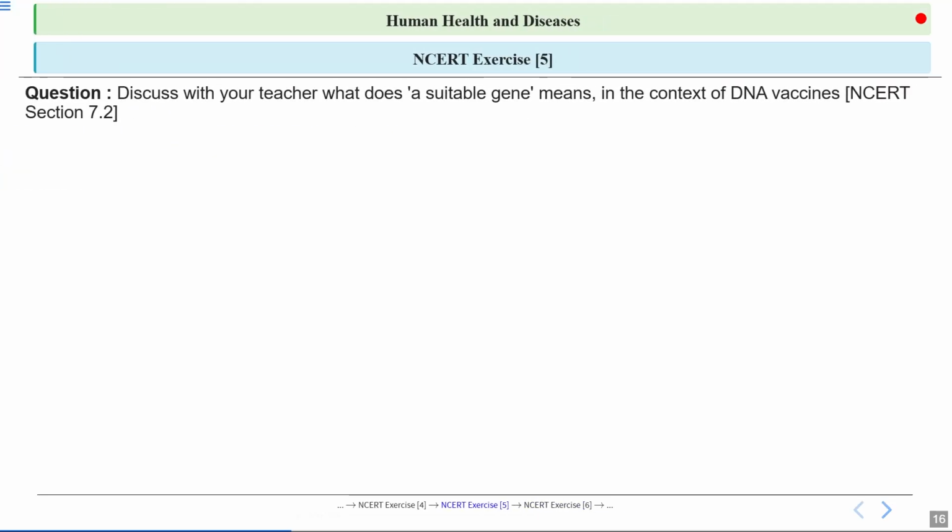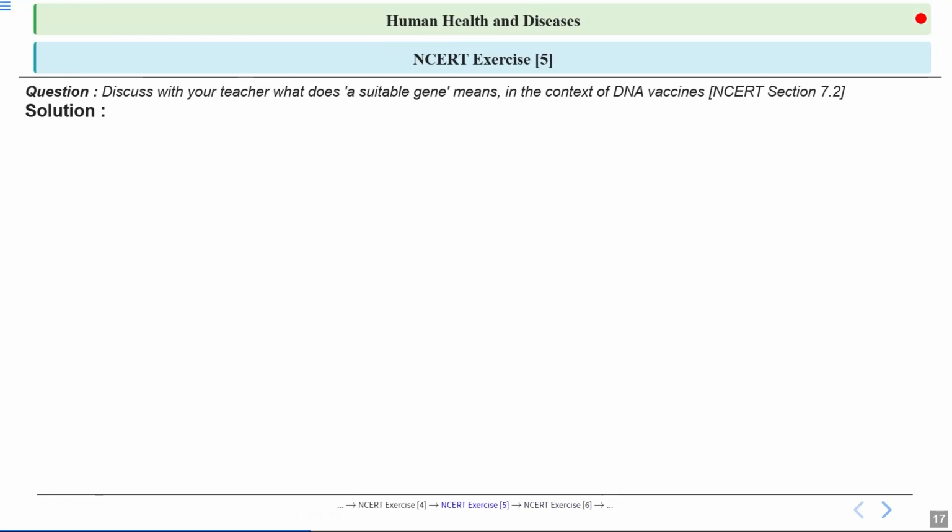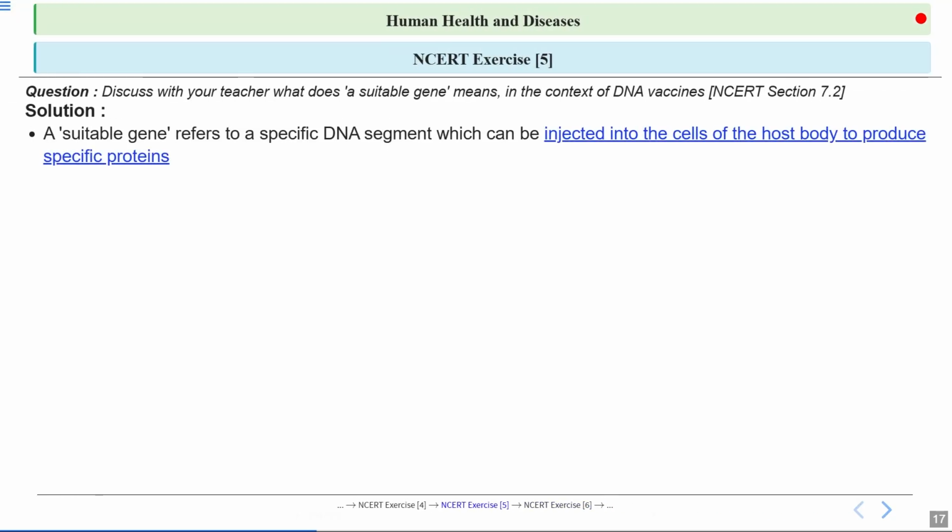The next question: discuss with your teacher what a suitable gene means in the context of DNA vaccines. For more information, you can read NCERT section 7.2. So let's discuss the answer. A suitable gene is a specific segment of DNA that, when introduced into a host's body cells, can be used to produce specific proteins.